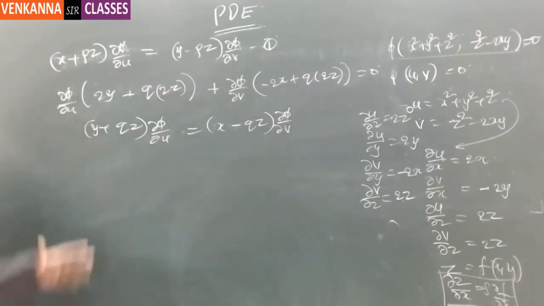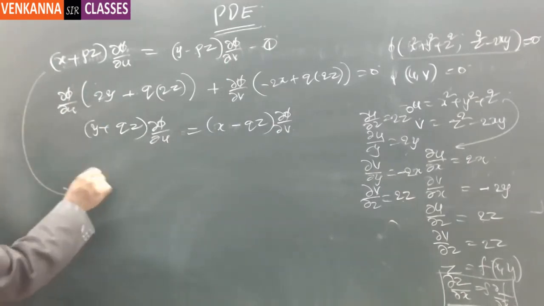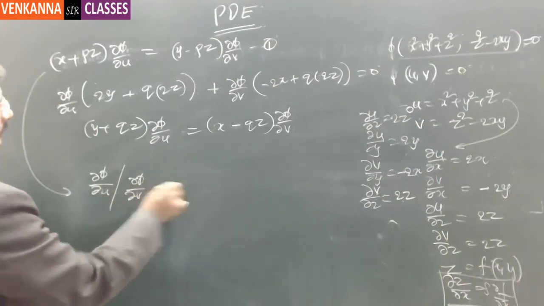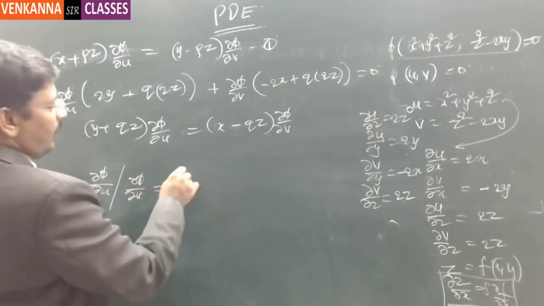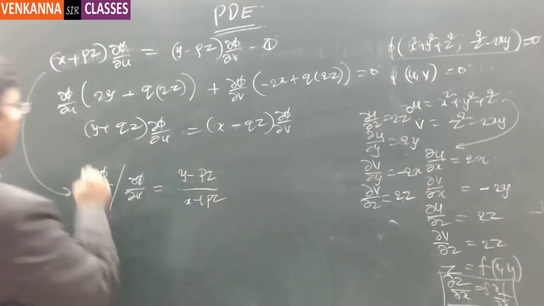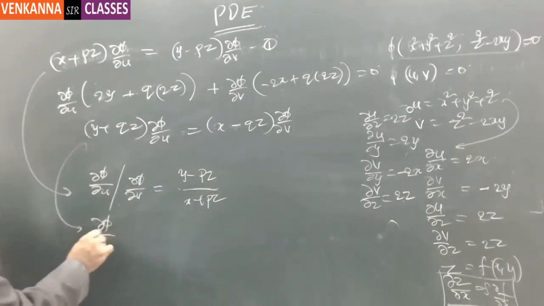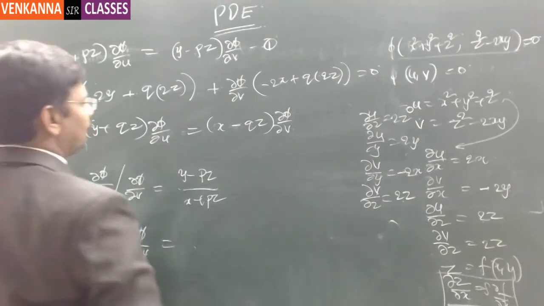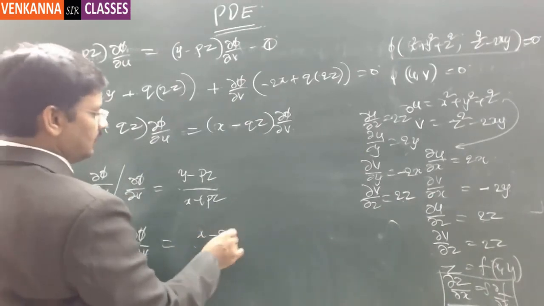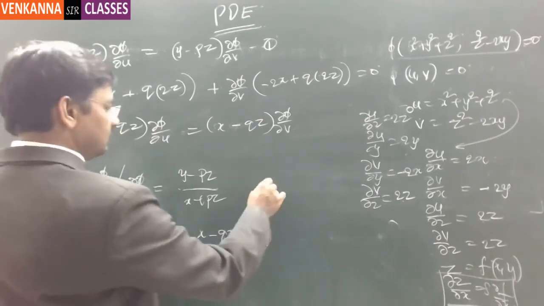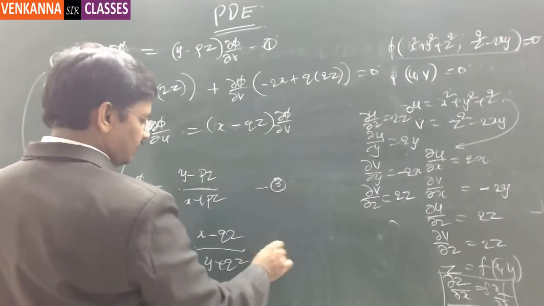Now from this equation you can calculate dou phi by dou u divided by dou phi by dou v, which is equal to y minus pz divided by x plus pz. From the other equation, dou phi by dou u divided by dou phi by dou v is equal to x minus qz divided by y plus qz. So this is equation number 3 and this is equation number 4.